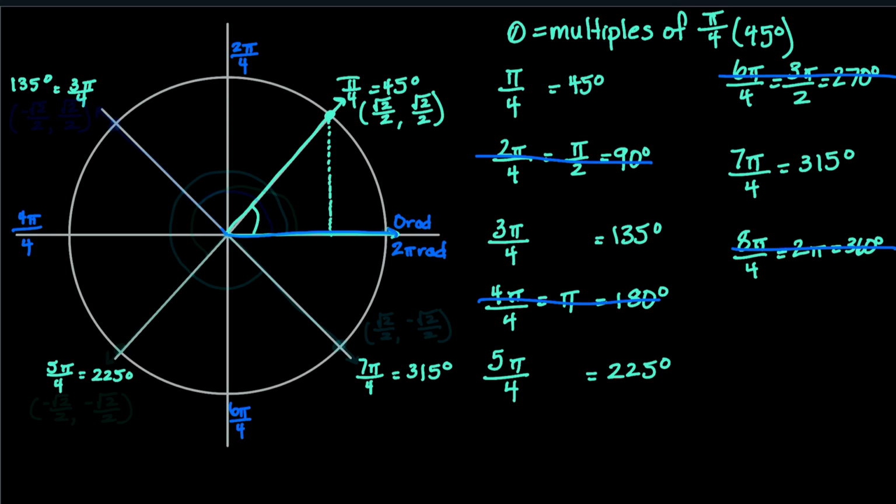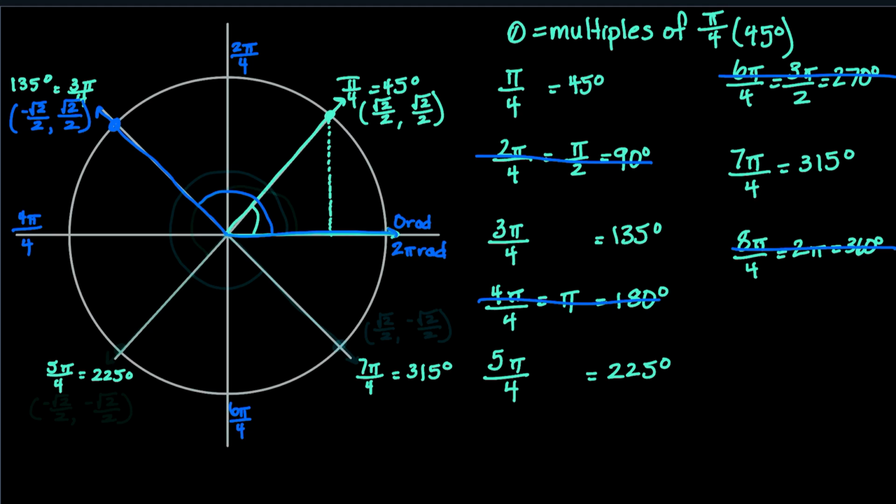Terminal side is on 3 pi over 4. 3 pi over 4 creates this angle here, lies in quadrant number 2. In quadrant 2, x values are negative and y values are positive. So the coordinate point on the terminal side of this ray is going to be negative radical 2 over 2, comma, positive radical 2 over 2.